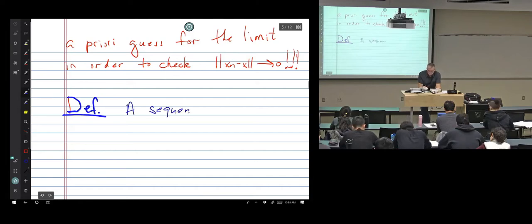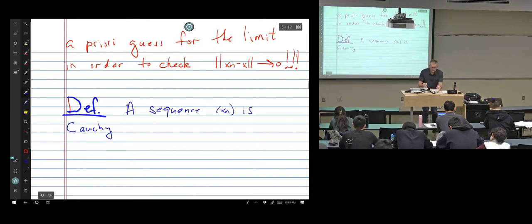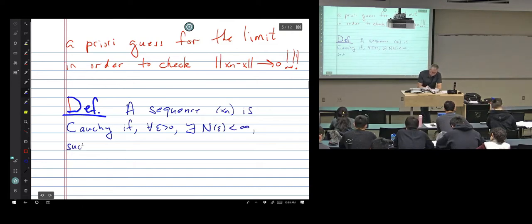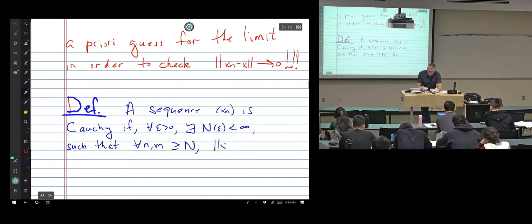A sequence xn is Cauchy if for every epsilon greater than 0, there exists some number N depending upon epsilon that's finite, such that whenever n and m are both bigger than this number, the terms in the sequence are getting really close together.